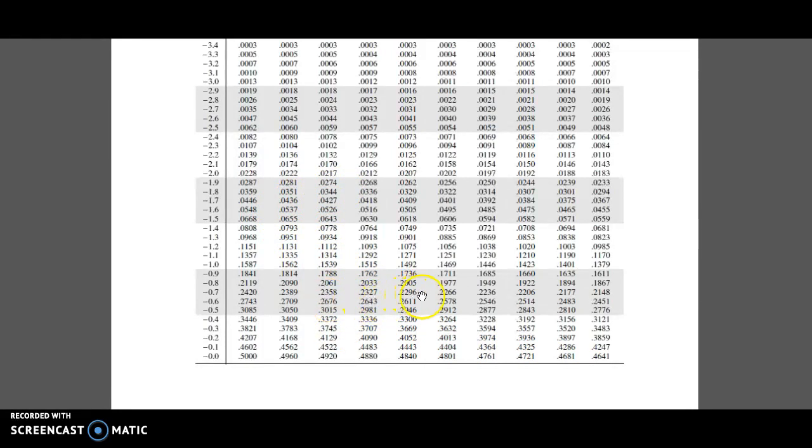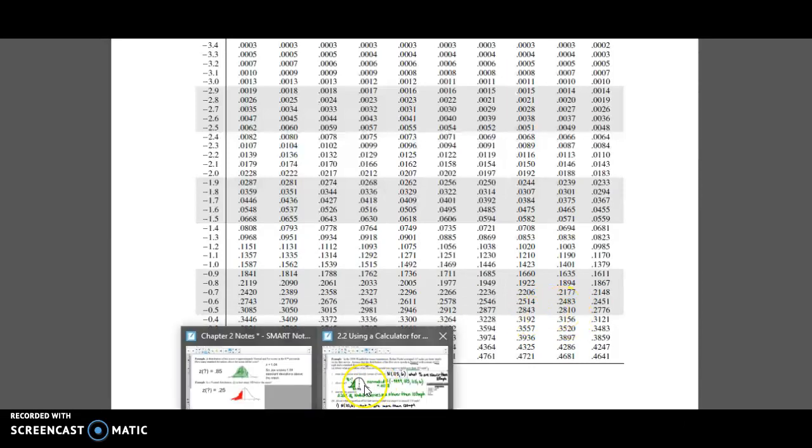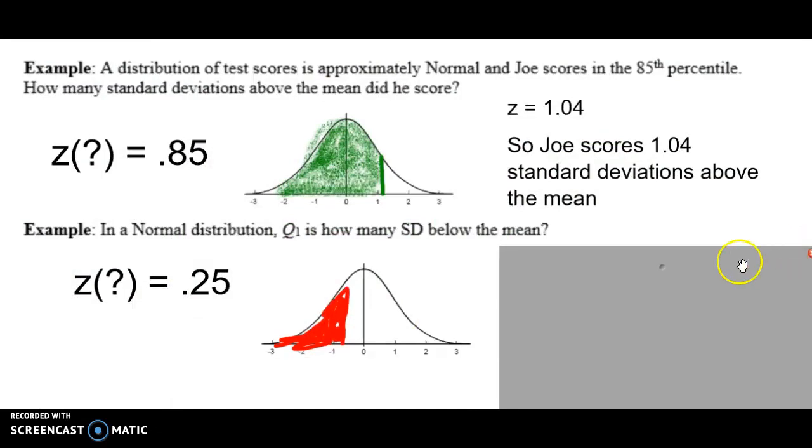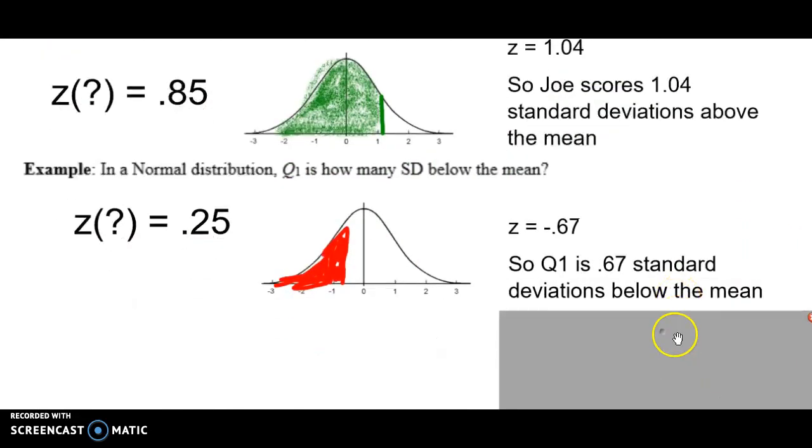So we go down here, and we're getting closer, so around right here. That is 0.6, and then we're between 0.07 and 0.08. So we would call that about 0.67 standard deviations below the mean is where Q1 is at.